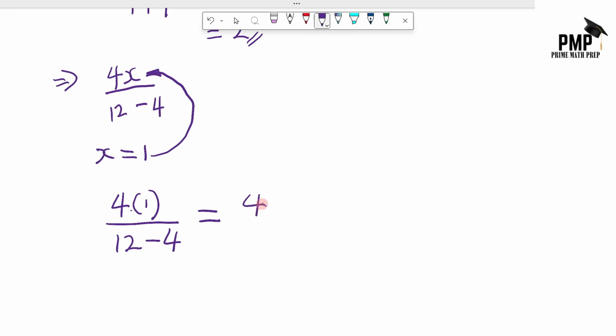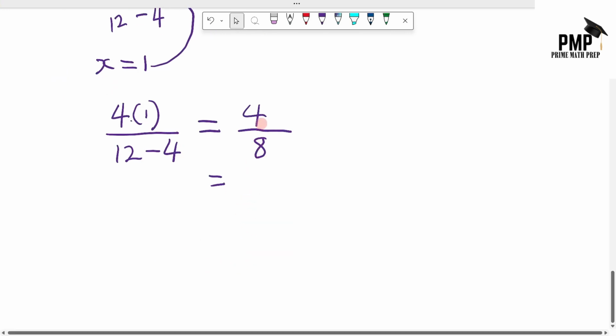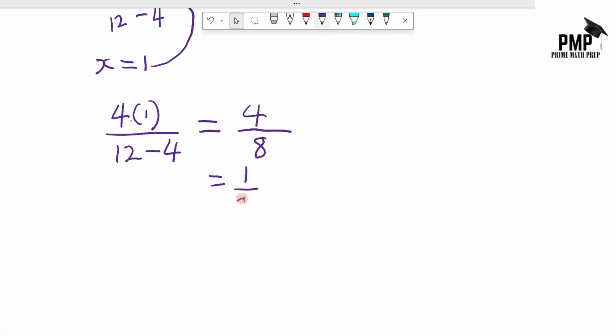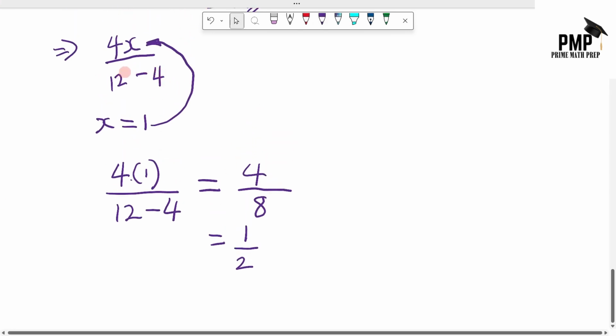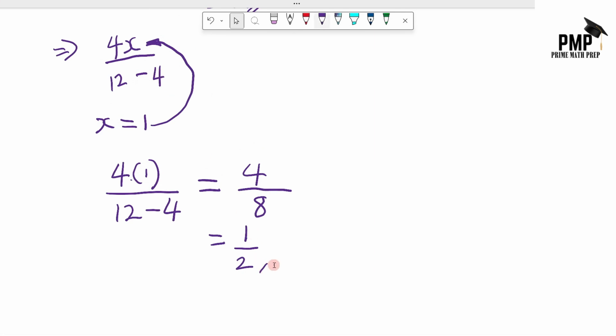Anything multiplied by 1 is still that same thing. Divided by 12 minus 4 is 8. If we simplify this further, 4 into 4 is 1, 8 is 2. Therefore, the value of this expression, 4x divided by 12 minus 4, is 1 over 2.